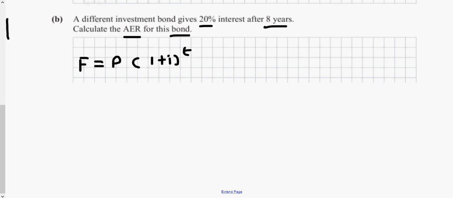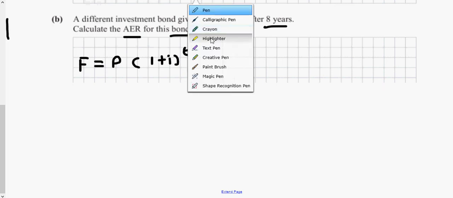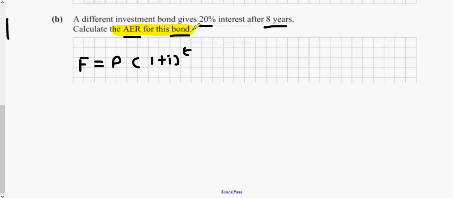Which letter are you meant to find out? You're meant to find out I. And to find out I, you're going to need to find out what 1 plus I is. So your question is now becoming F equals P multiplied by X to the power of T, where X represents 1 plus I.